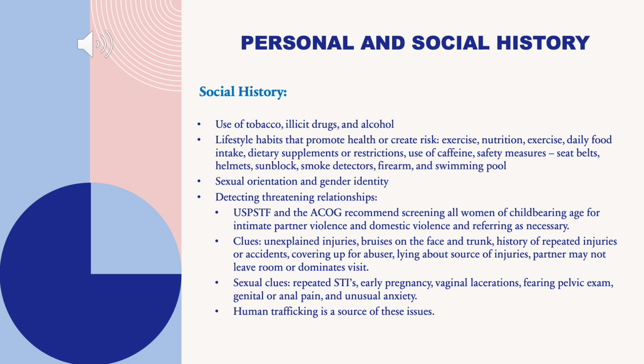It also includes lifestyle habits that promote health or create risk, such as exercise and nutrition, including frequency of exercise, usual daily food intake, dietary supplements or restrictions, and use of coffee, tea, and other caffeinated beverages. Safety measures include use of seat belts, bicycle helmets, sunblock, smoke detectors, firearm, and other devices related to specific hazards.